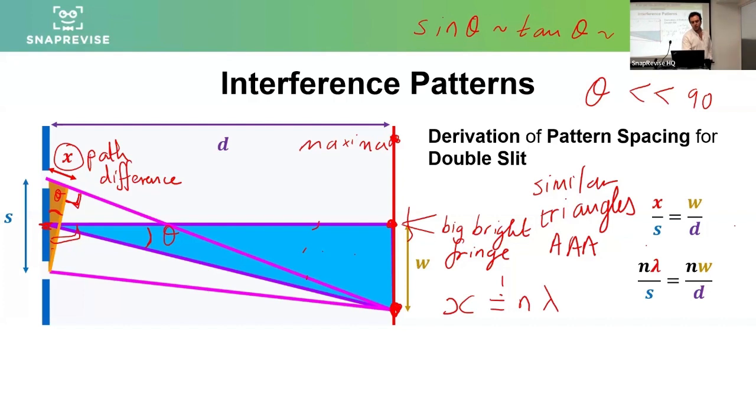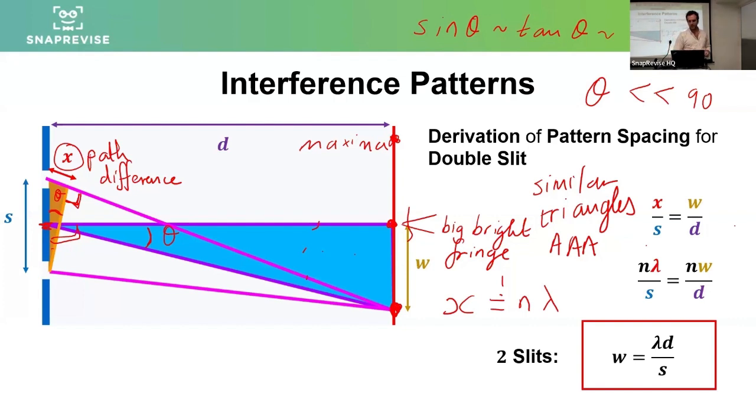The next order of maxima will be when n equals 1, and then n equals 2, n equals 3, and so on and so forth. So we're interested in deviations away from the middle where the path difference is a whole wavelength, because then the two waves coming from these two sources, two slits, will be back in phase, which is lovely.